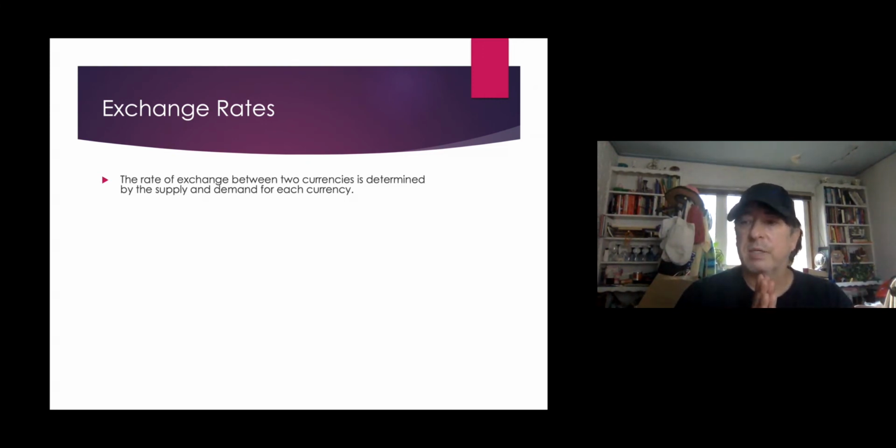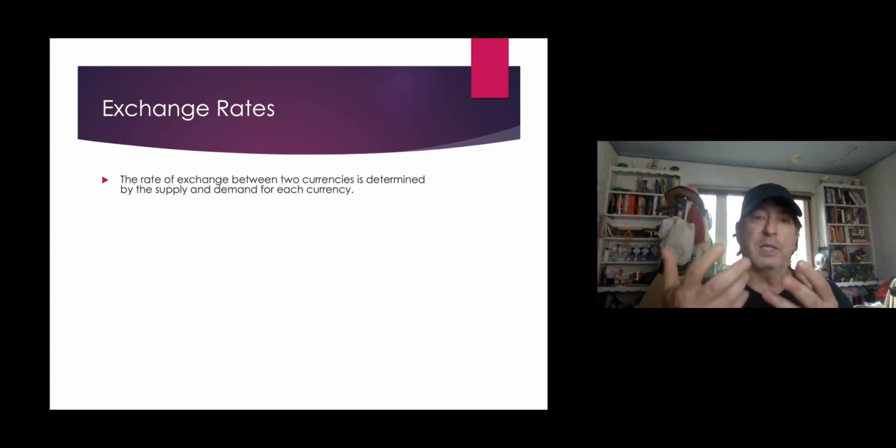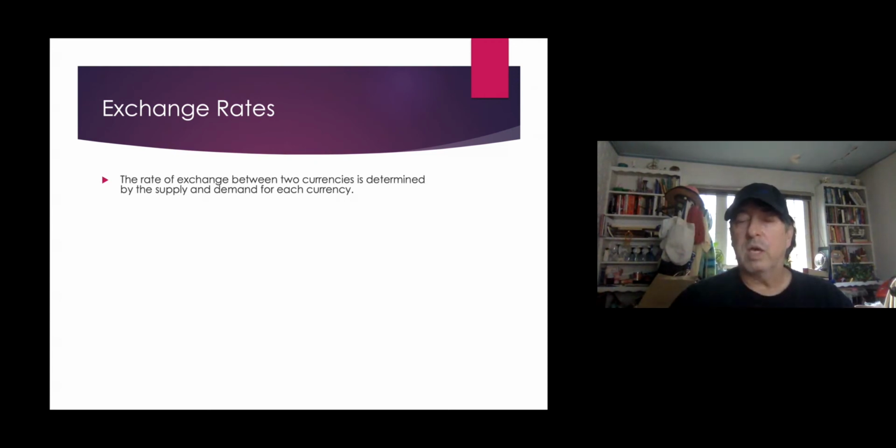So how many yen can a dollar buy? Well, it depends on the supply and demand of yen and dollars. If at a given point in time the supply of dollars goes up and the demand for dollars goes down, then the value of the dollar in yen will tend to fall.